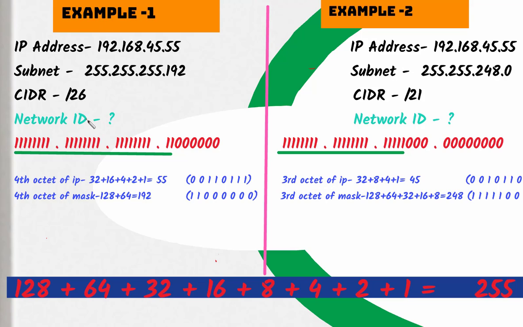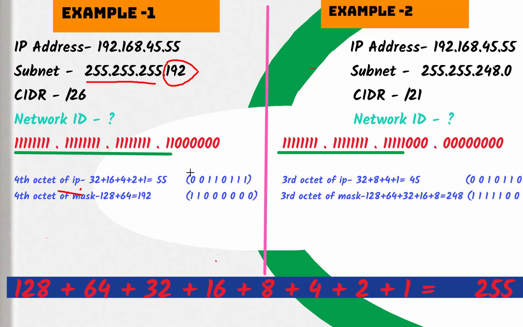Okay, so I am taking the first one. Here the first 3 octets are full, that means we need to consider the 4th octet, which is changing. The 4th octet of the IP is 55, which is 32 plus 16 plus 4 plus 2 plus 1. So 32 means the 3rd bit, right?